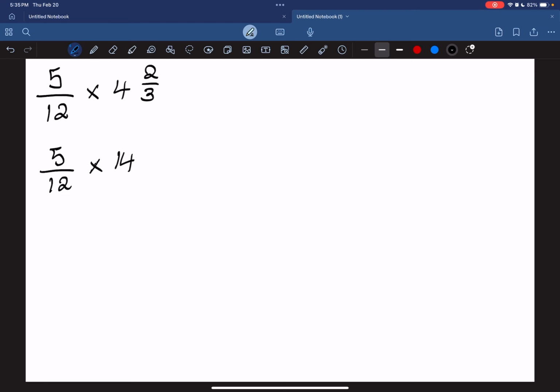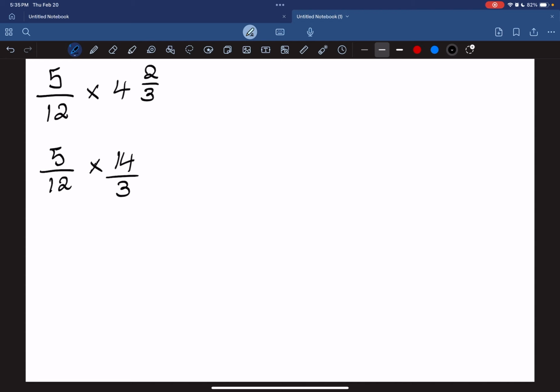So 14 over 3 as our improper fraction right there. So all we need to do now is check to see if anything can be reduced, then we multiply across. 5 and 3, nothing can be reduced; the only common factor there is 1. So look at the 12 and the 14.